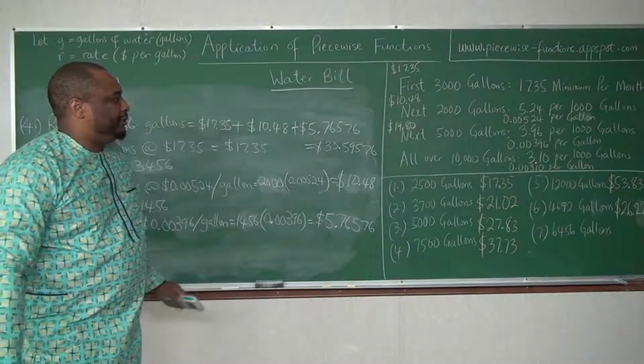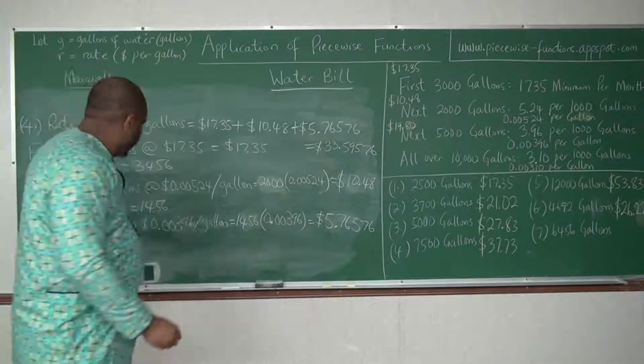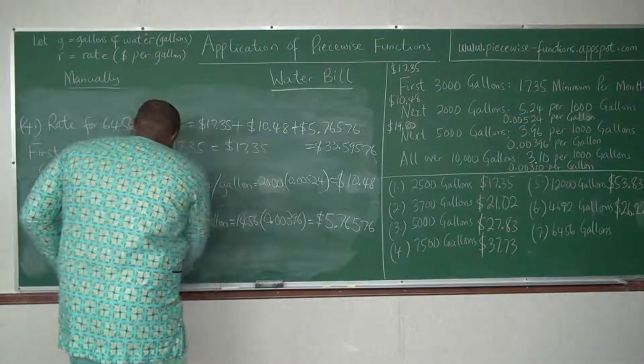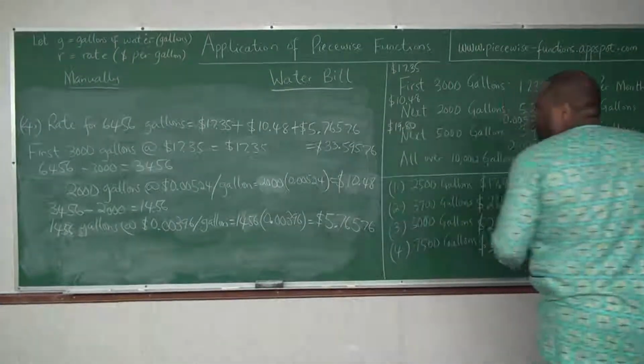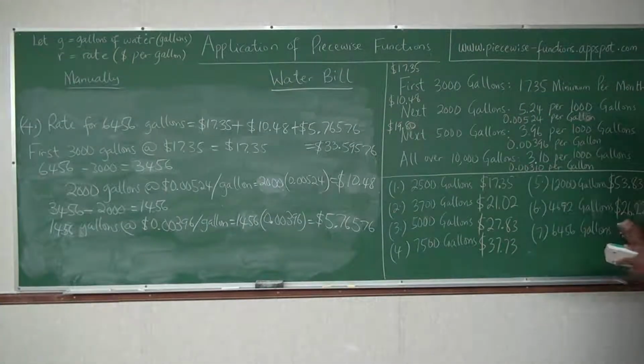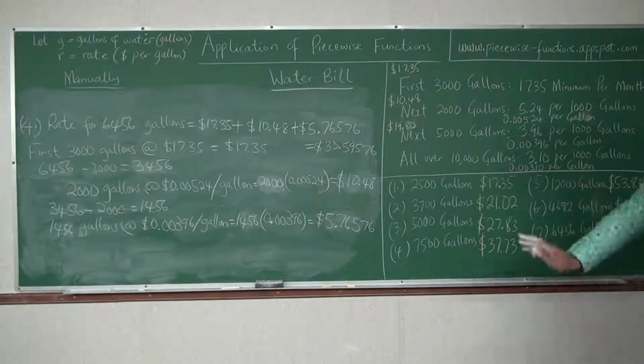Now we can round, and I will take the yellow chalk, and this will give us $33.60.